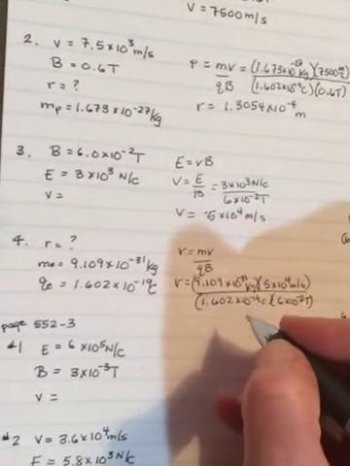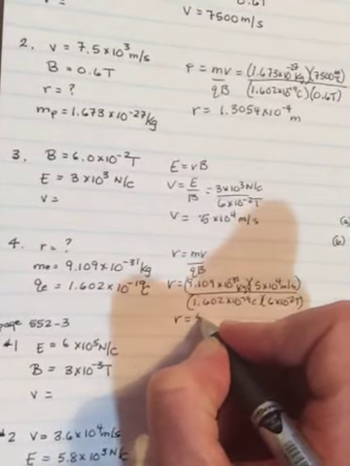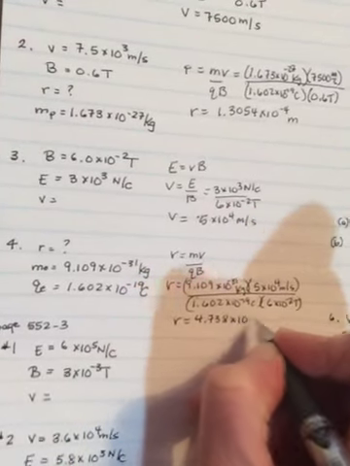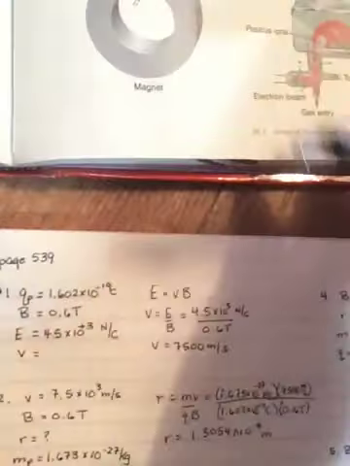And so you get 4.738 times 10 to the negative 6 meters.